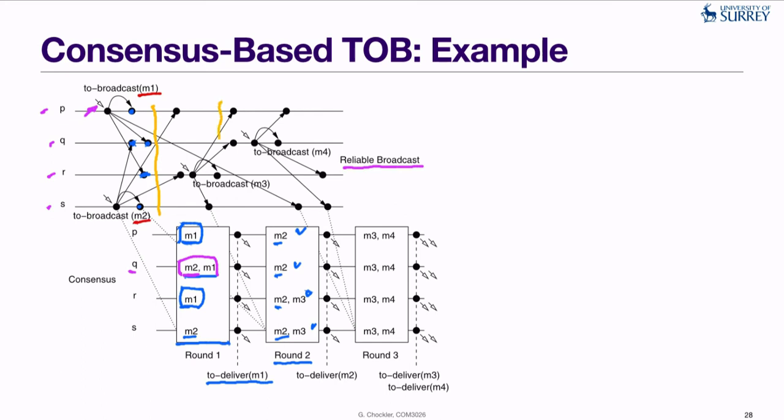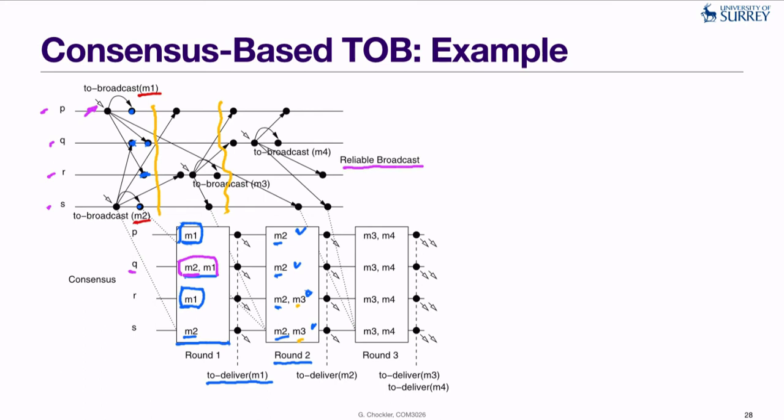Okay, but in this example, the corresponding point in time for this one is this. Okay, so at this point we have M3 delivered to R and S, and M2 is already available to everyone.